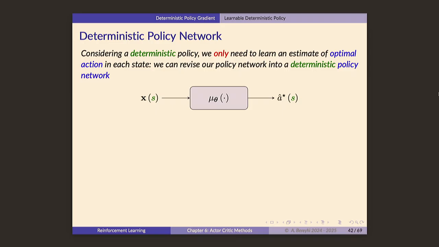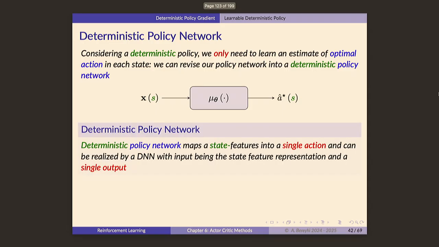So for every single state, every single location in the space, you're going to have one specific optimal action, right? So this is the deterministic policy network. This is, again, a policy network with this difference that your policy is basically just an indicator function. So you throw away the policy itself, and you only look at the optimal action, right, which is going to happen with probability 1, right?